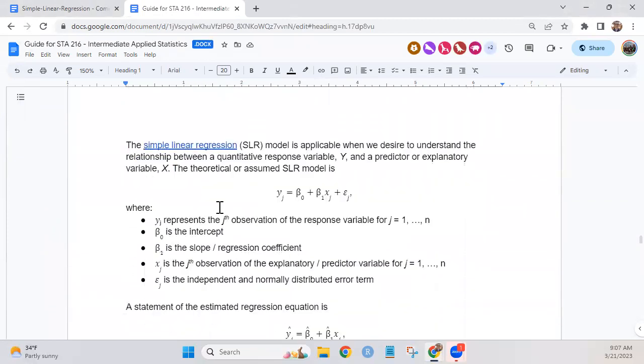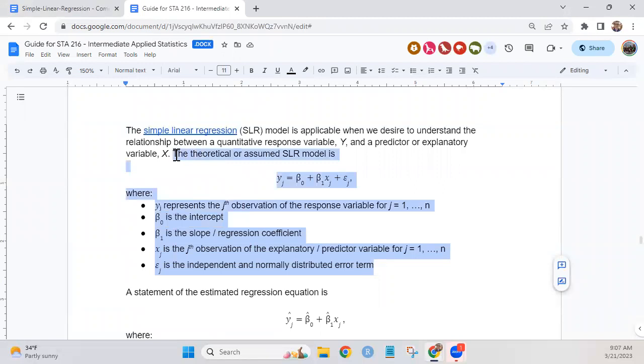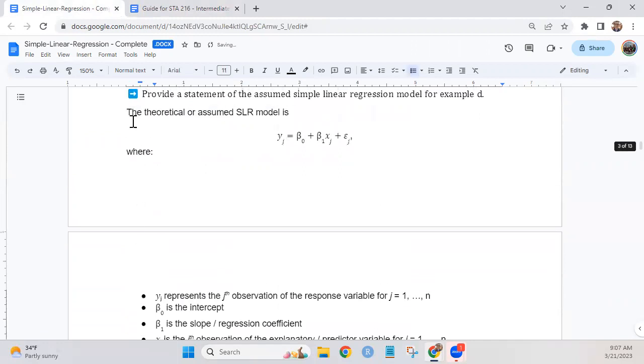Okay, so we have this simple linear regression section, and we can copy this part, and this is a blueprint statement of the assumed linear regression model. Okay, so we can copy that and then paste it in here.